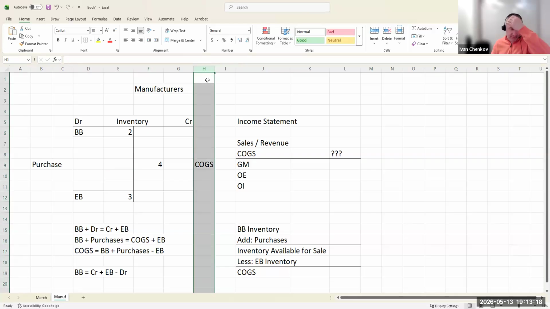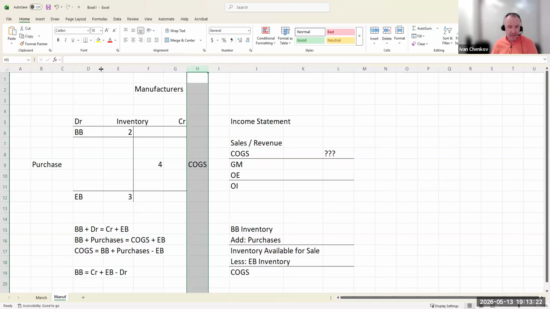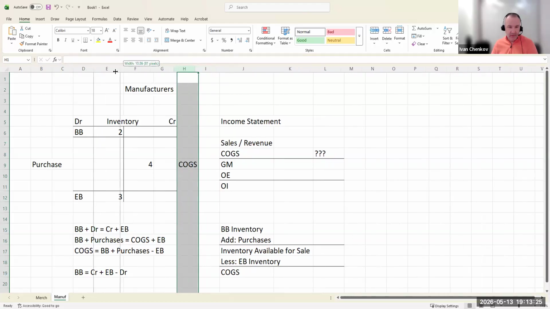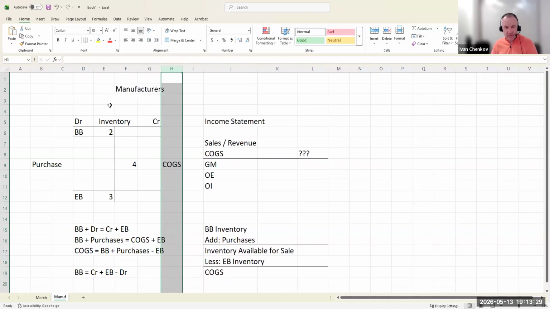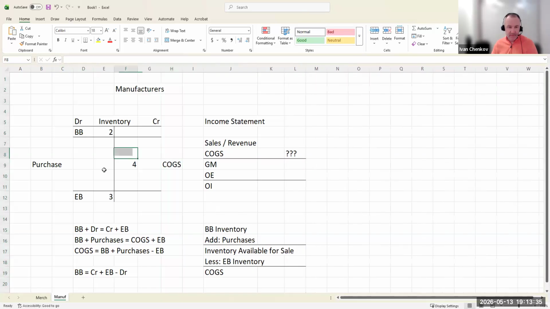No, actually, I'm going to leave it here, but I'm going to make this smaller because I need this, and I'm going to push everything on the right side.